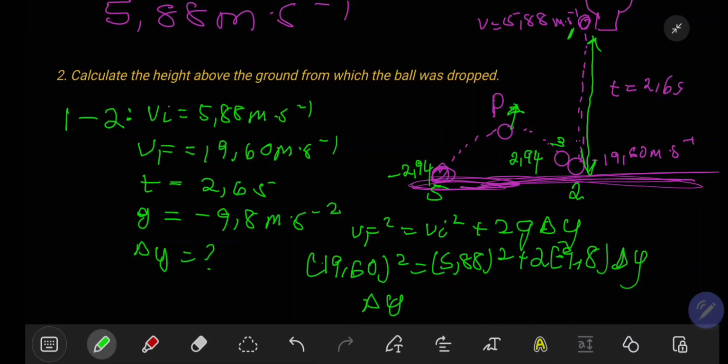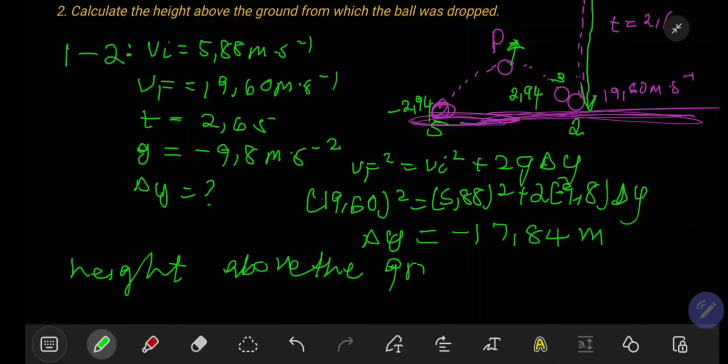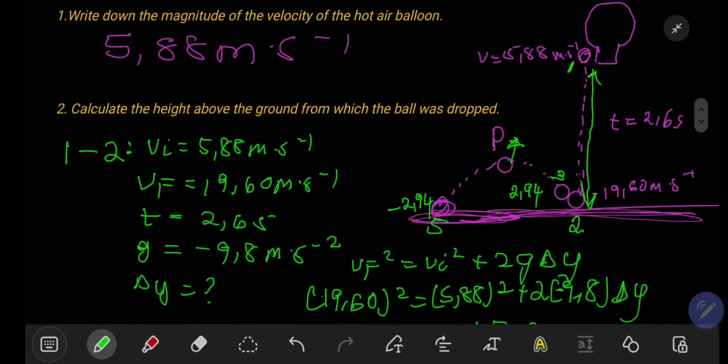Then our change in displacement now becomes negative 17.84 meters. So this is our height. This is the height above the ground. The height above the ground is equal to 17.84 meters. So this is the displacement from the hot air balloon to the moment the ball hit the ground.